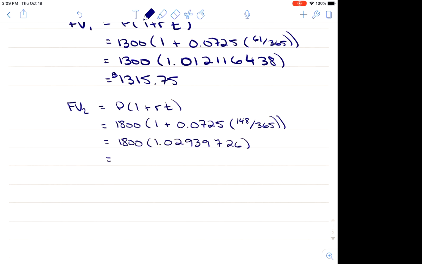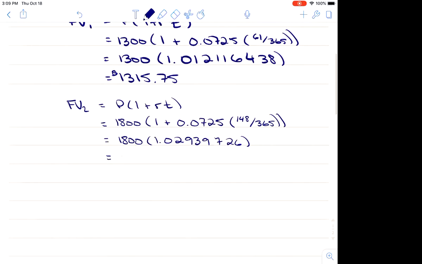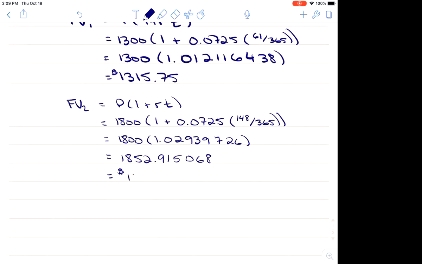So times 1,800, $1,852.915068, right? But if you went straight to rounding to 2 decimal places, because it's money that we're talking about, that's fine by me, right? So 1,852.92.